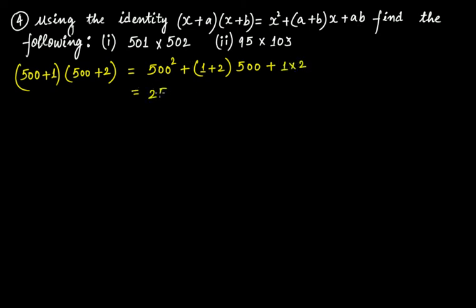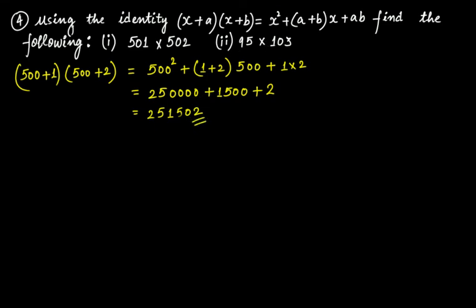This gives you 250000, plus 3 multiplied by 500 means 1500, plus 2. Right? So if you add this, you have 250000, so this becomes 251,502. Right? So this is your answer.